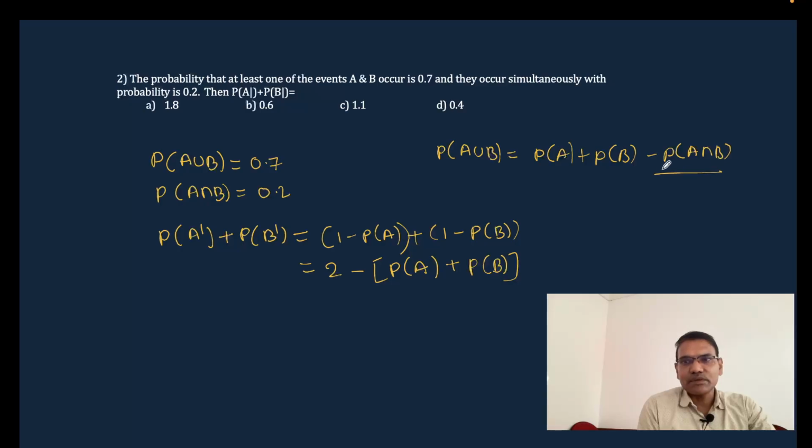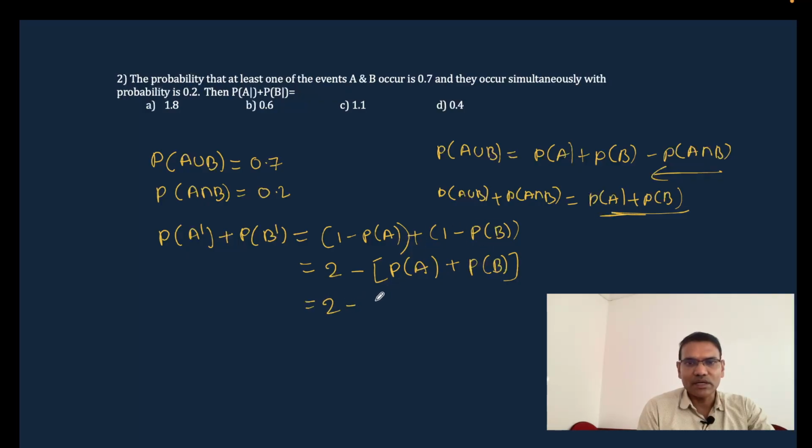Now taking the intersection term to the other side, P of A union B plus P of A intersection B equals P of A plus P of B. So this property I apply here.